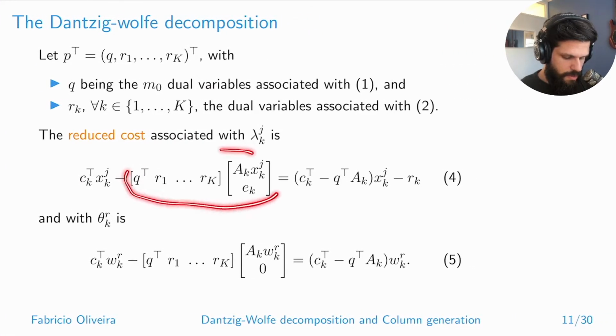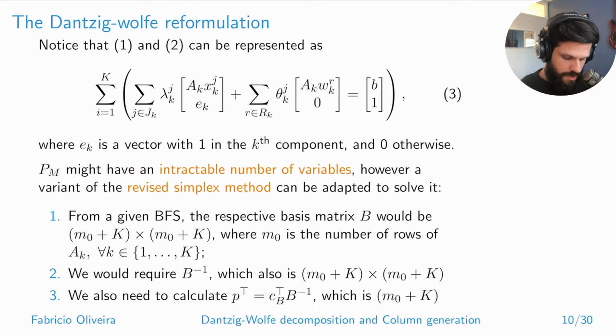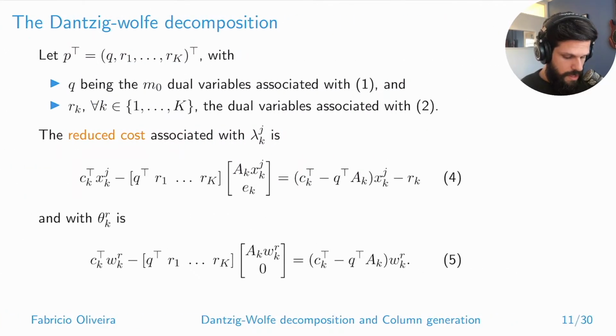This is the A in the calculation of the reduced cost. Remember that the reduced cost is CB B minus 1 A. And this is just the CB B minus 1, because we know these are the values of the dual variables. And when we do this product, notice that this is just EK, so I'm basically picking the component that is this small k.